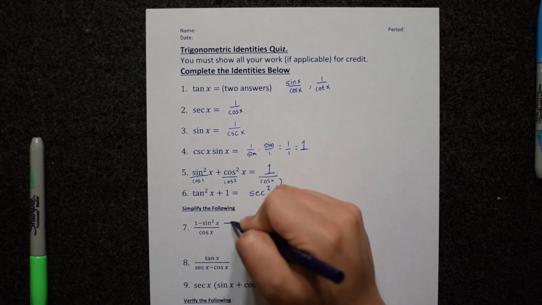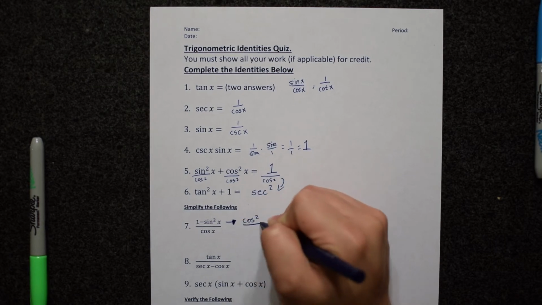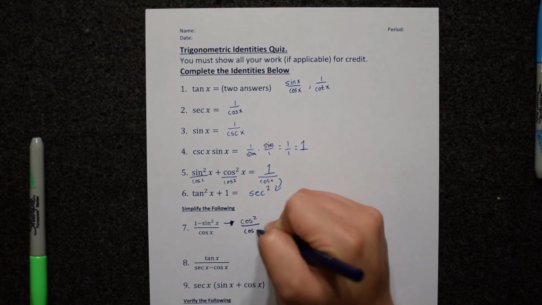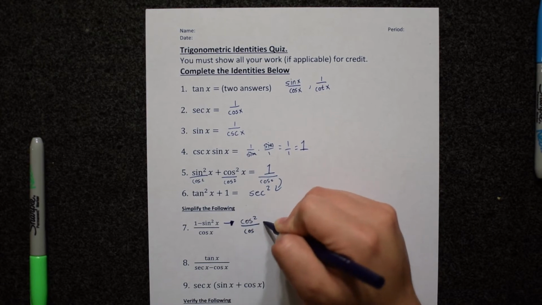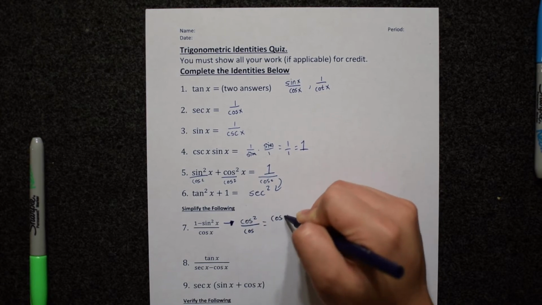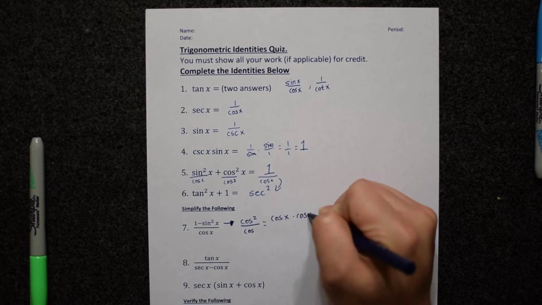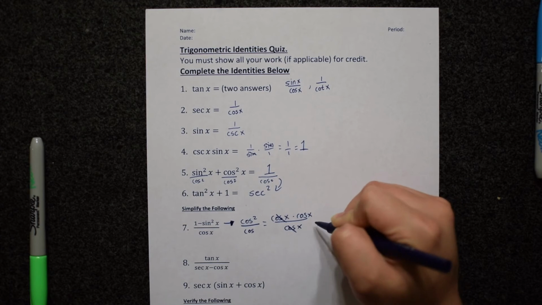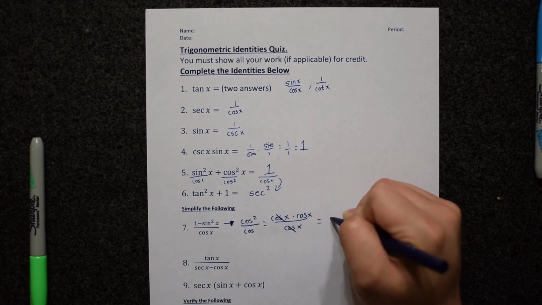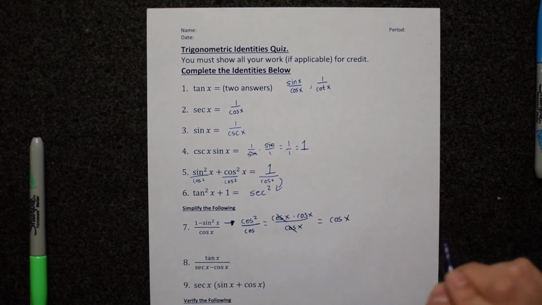So this is just telling us that we have cosine squared over cosine. And if we cancel out, well, we can actually say that this is cosine of x times cosine of x divided by cosine of x. We can cancel one of these out, and what we're left with is just cosine of x.